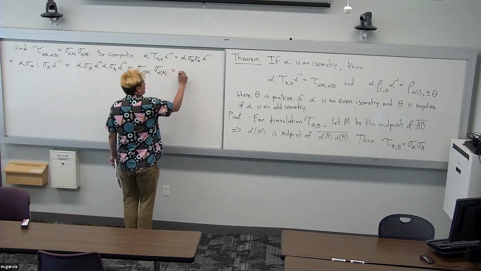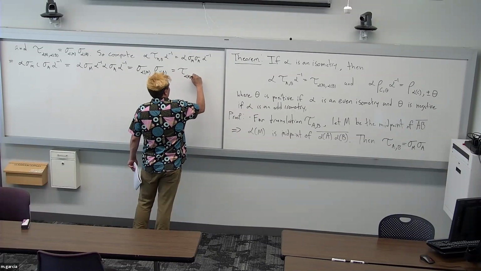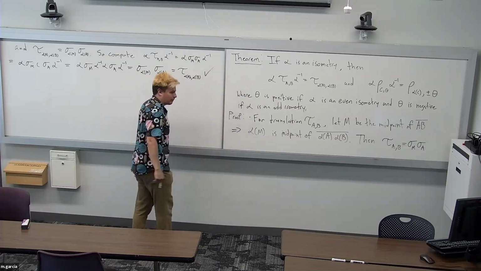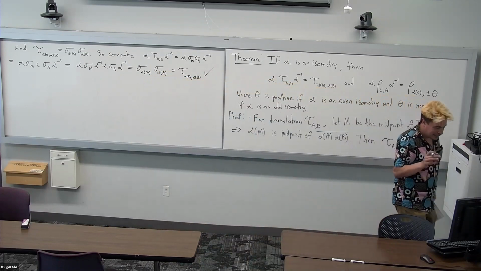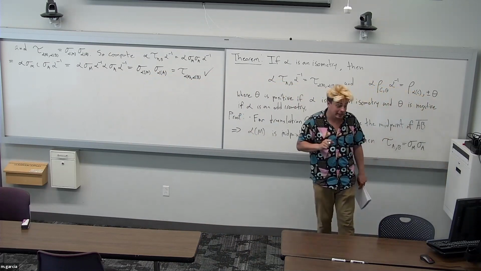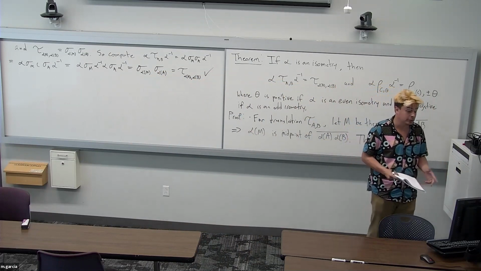We get tau sub alpha A, comma, alpha B. So yet another example of the usefulness of that trick of inserting a copy of the identity and factoring it the right way, so that it's useful for you.